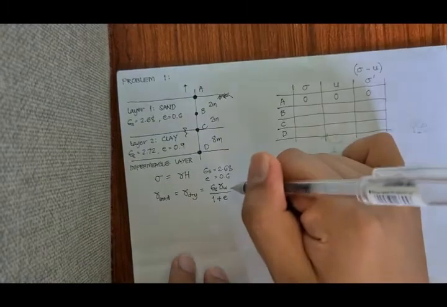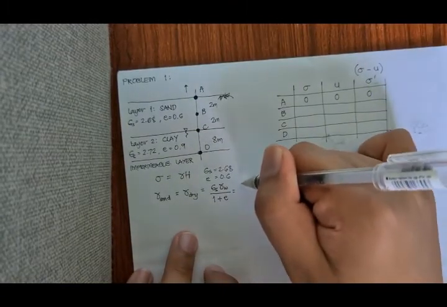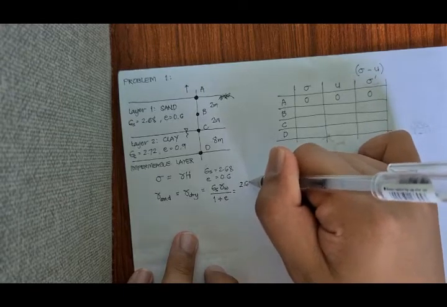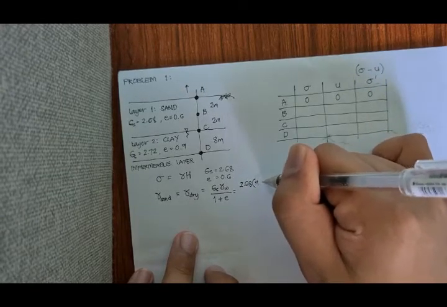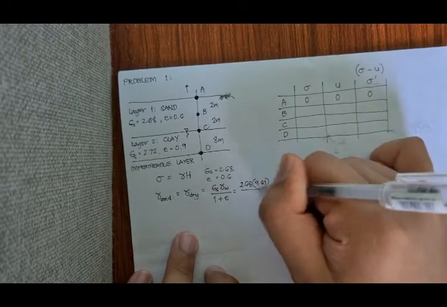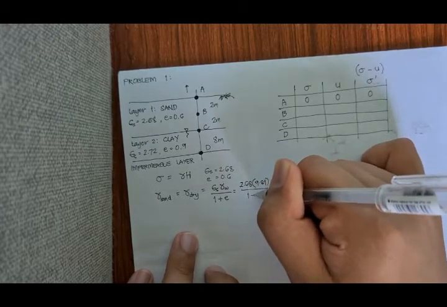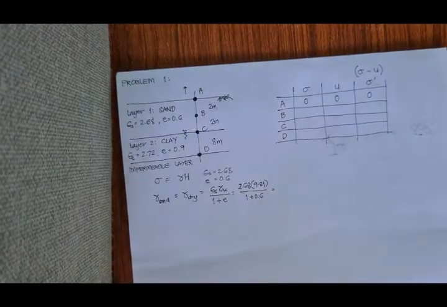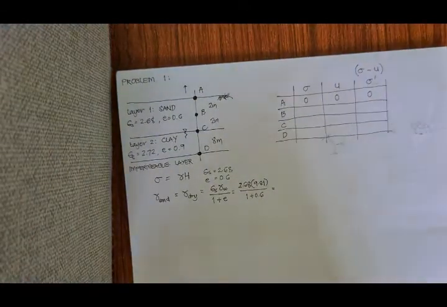Ganun lang siya kasimple. So, meron tayong specific gravity na 2.68 multiplied by the unit weight of water all over 1 plus 0.6. Ang dry unit weight natin ngayon ay equal to ilan?